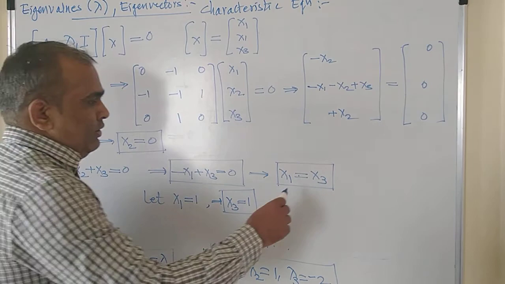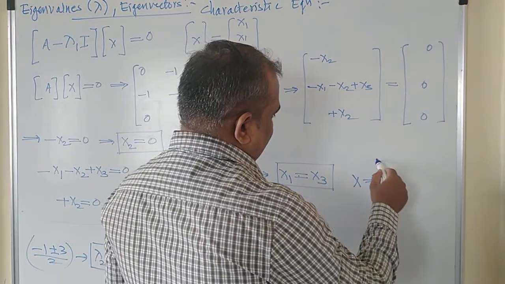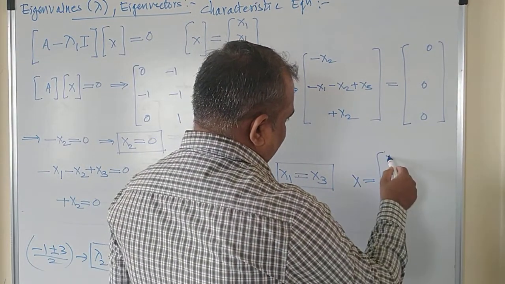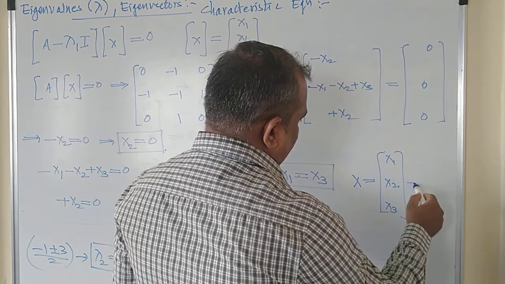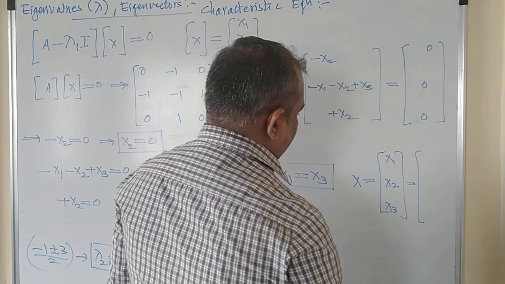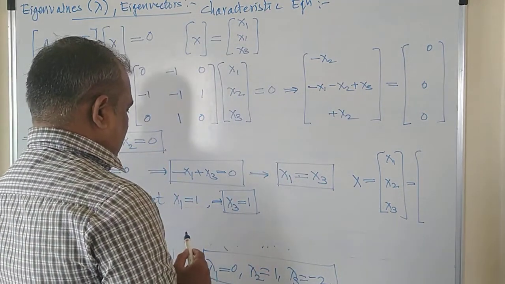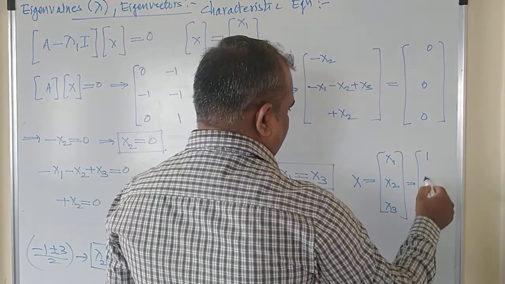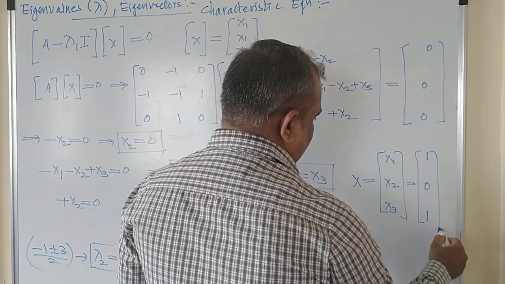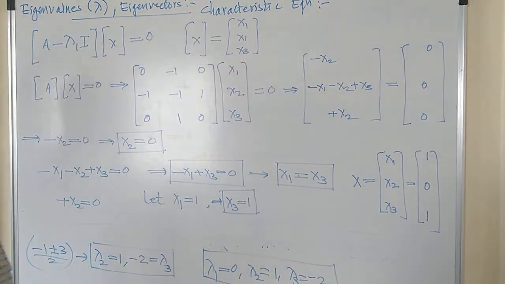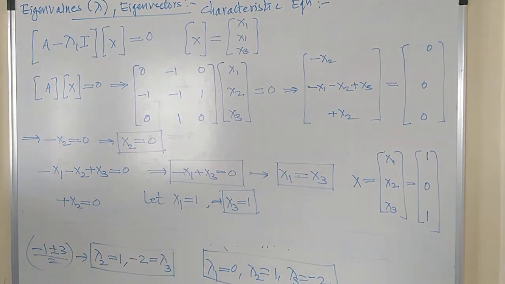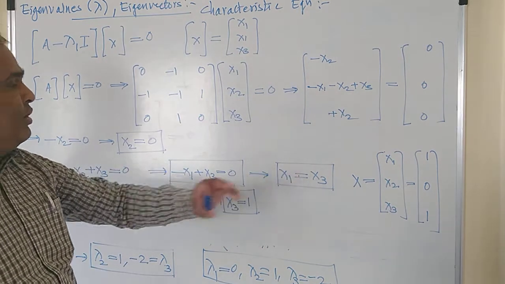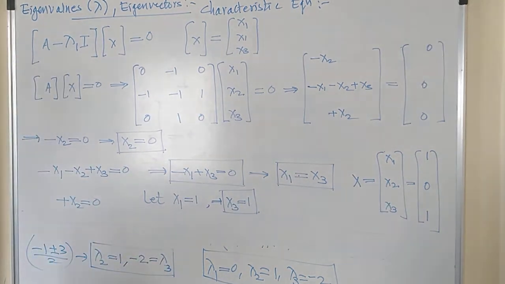So the vector x equals x1, x2, x3, and this vector equals 1, 0 and 1. Put the values of x1, x2 and x3: x2 equals 0, x1 and x3 are the same. So this is the first eigenvector for the first eigenvalue. This is the eigenvector corresponding to the eigenvalue lambda equals 0.